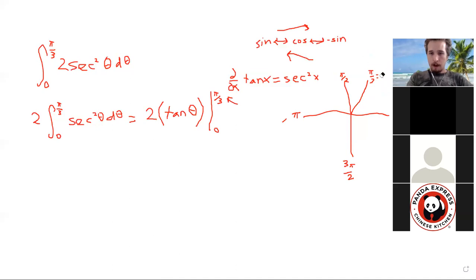Let's just take a look at pi over 3, okay? The unit circle will tell you that this point is 1/2, square root of 3 over 2.